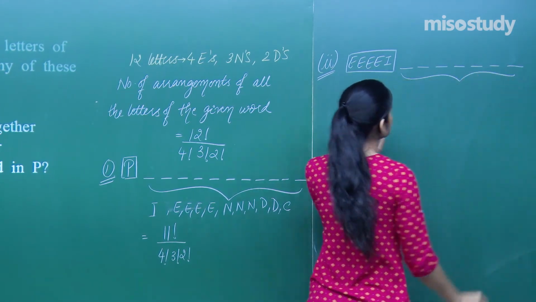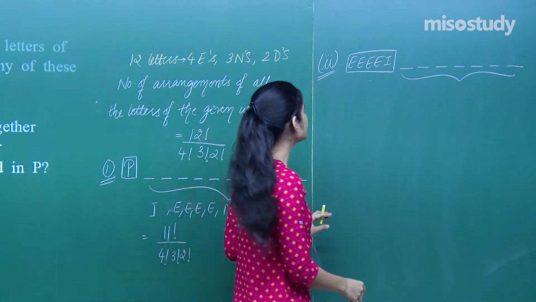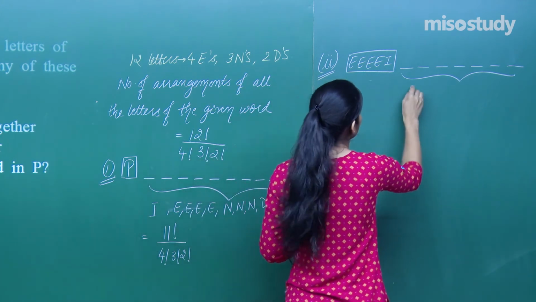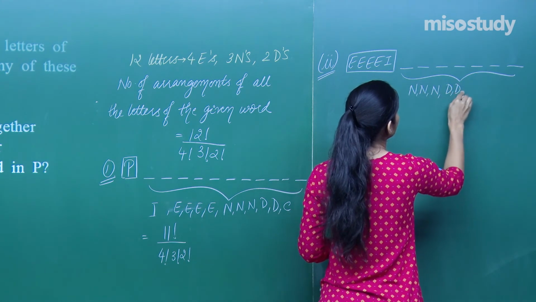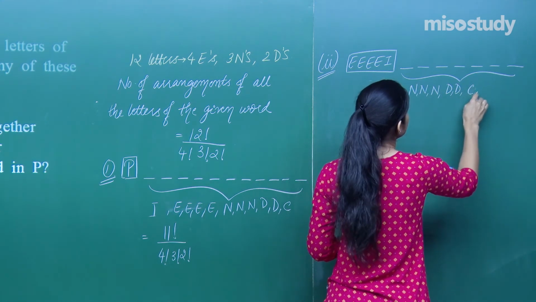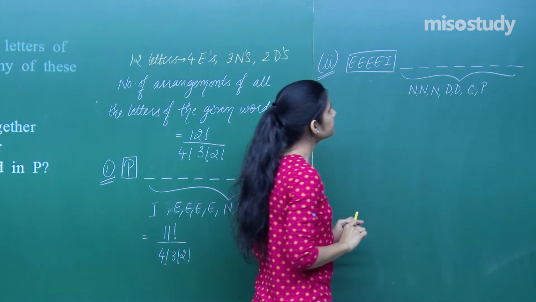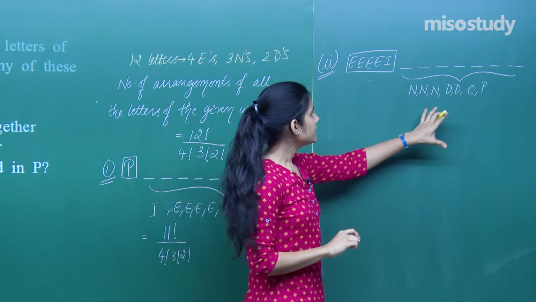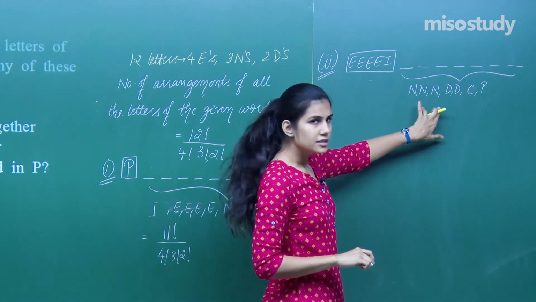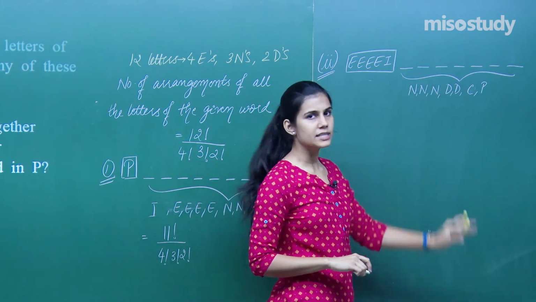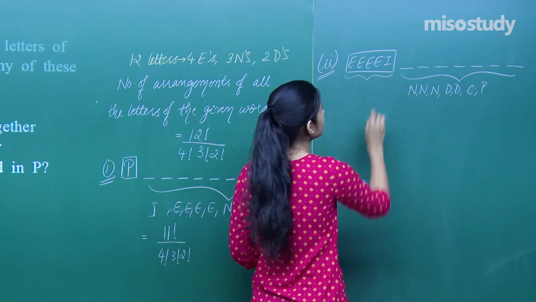And these positions can be filled in how many ways? 4 E's, 1 I, 3 N's you have, 2 D's you have, C you have, P you have. These are your 7 letters that you have to be arranged in these 7 places, and one place is already this.